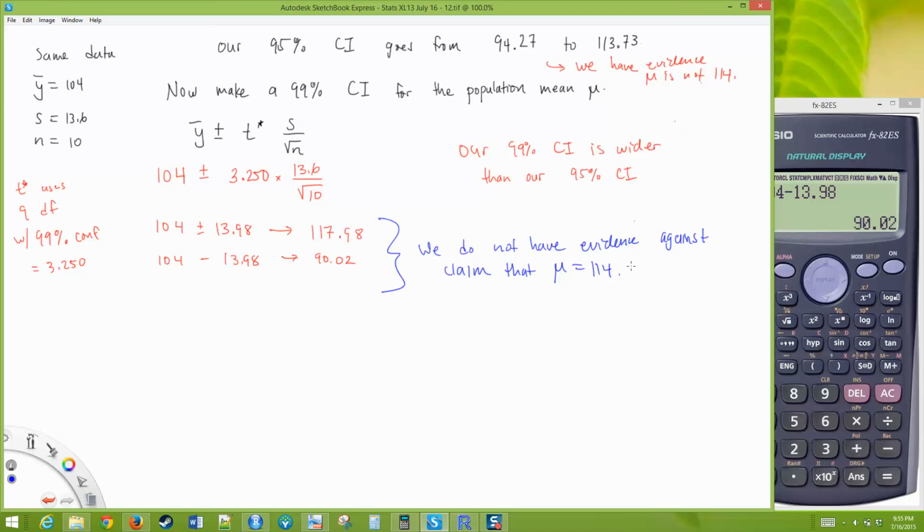Okay, so what's going on? I'm using the exact same data. Over here, I'm claiming that I've got evidence that it's not 114, and over here I'm saying I don't have evidence against that claim.